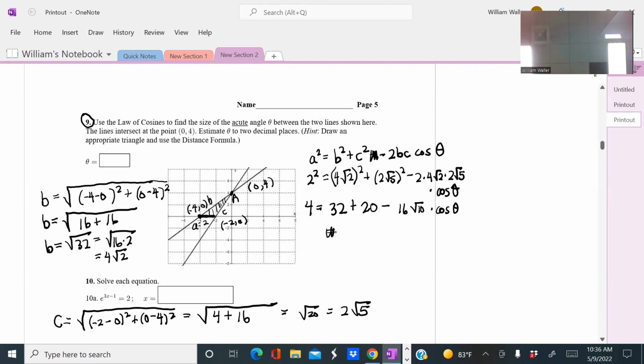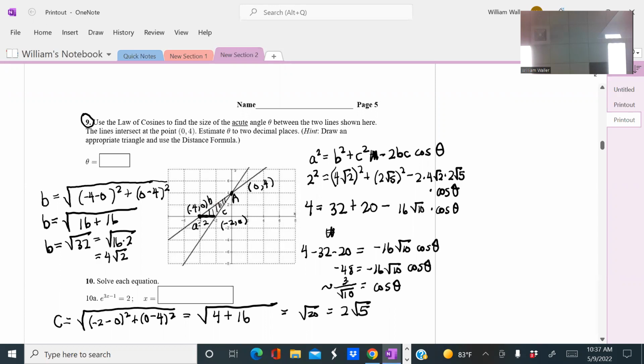I'm going to shift things around a little bit. This is what I got, just doing this by hand without the calculator.